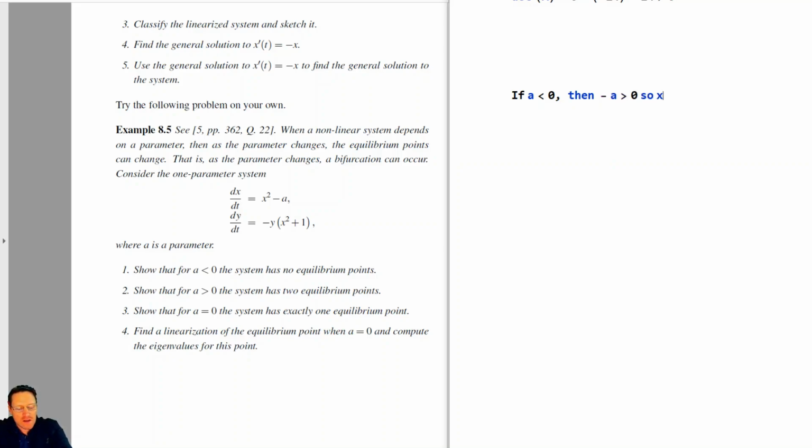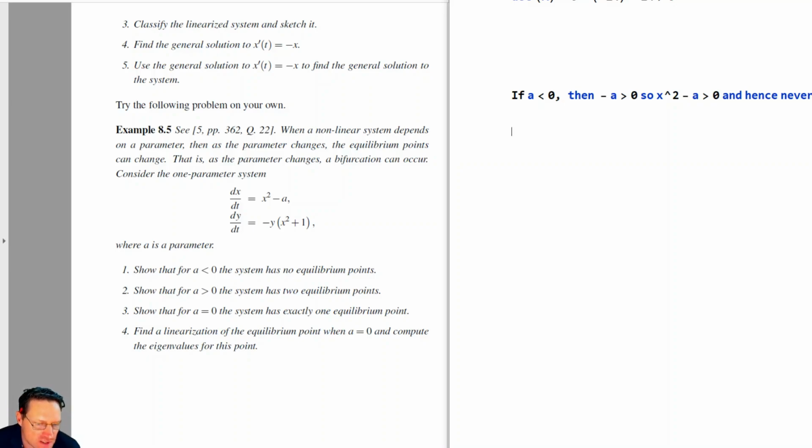So x squared minus A is always positive, and hence never equal to 0. All right, so that solves question 1 there.